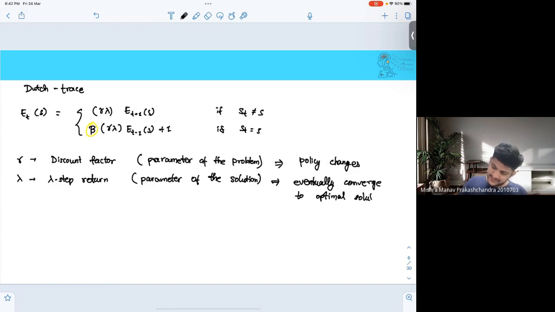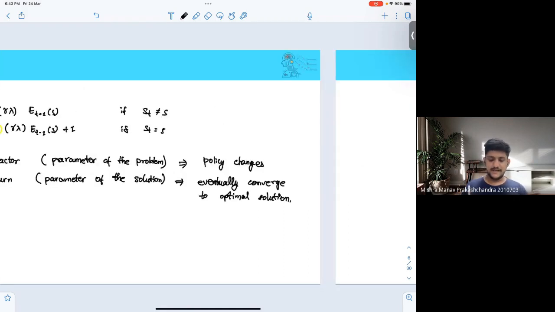Okay, eventually all values of lambda will converge to the optimal solution. Only what matters is the rate of convergence. How quickly or slowly my convergence occurs depends on the tuning of the lambda parameter that we have. Okay, this is something to keep in mind.